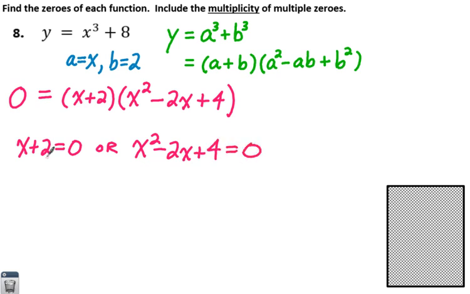For this one, you just subtract 2 from both sides, and that's x equals negative 2. But when you look at the other factor, this can't factor anymore, of course, otherwise we would have done it already. So what you're forced to do here is use the quadratic formula.